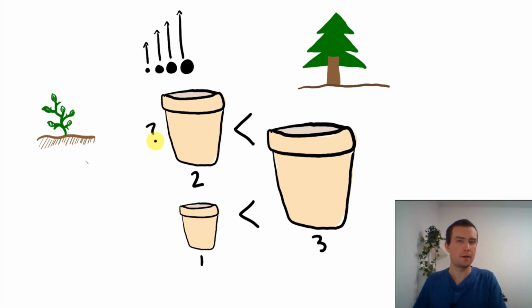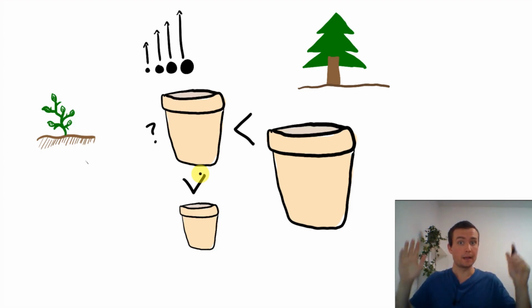Is it this one? Is this the smallest pot? This pot is smaller than this one. It's smaller than this one, but it's bigger than this one.